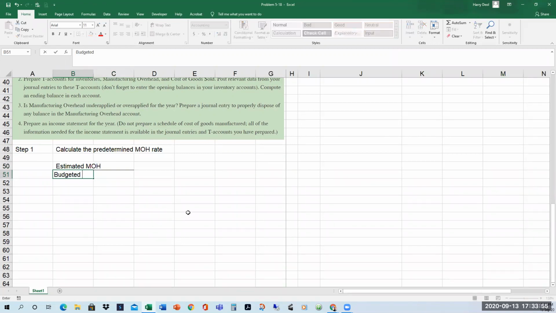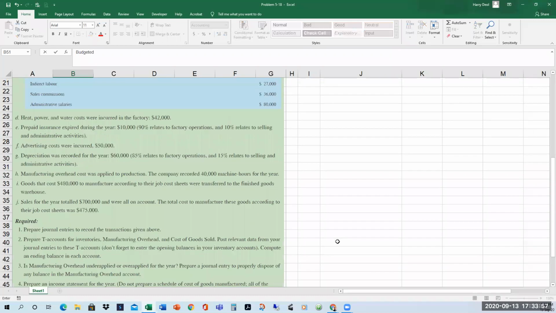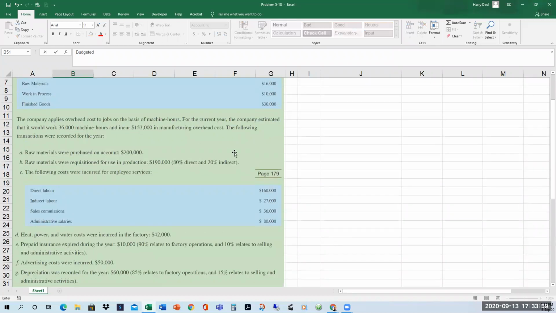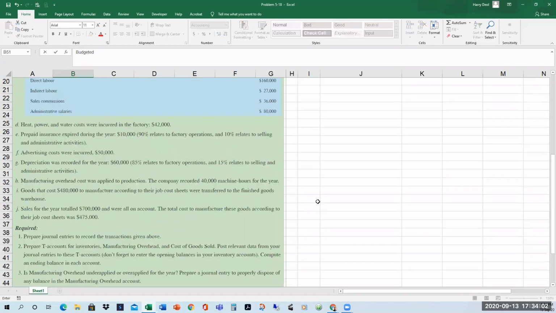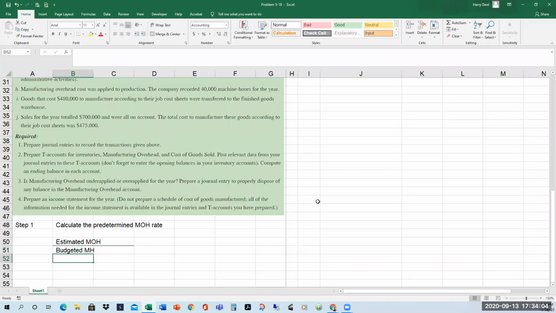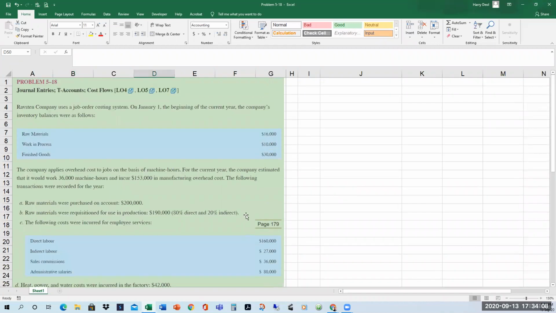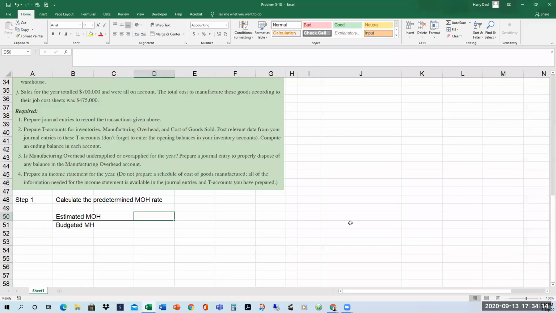This company charges manufacturing overhead on the basis of machine hours, so estimated or budgeted machine hours. So in this problem, the estimated manufacturing overhead for the year was 153,000, and the budgeted machine hours are 36,000.